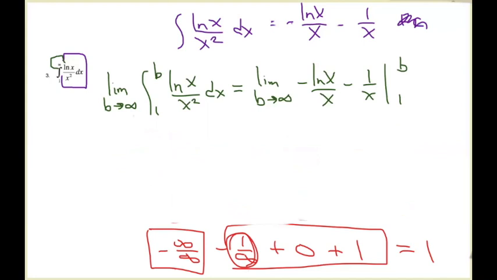What we need to evaluate on the side is the limit as b approaches infinity of negative ln of b over b, which again takes the form of infinity over infinity, which gives us an L'Hopital application.